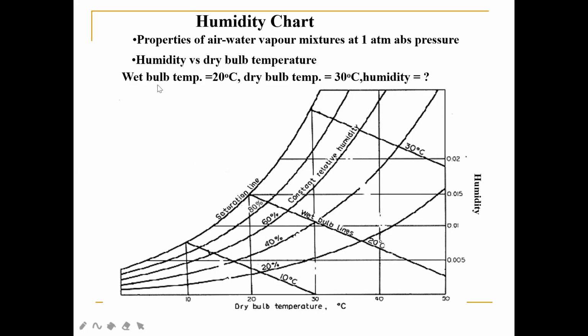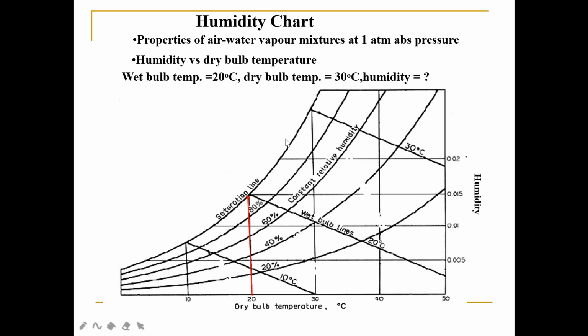So in this case, when you're given the dry bulb temperature and the wet bulb temperature, you want to determine the humidity. What you have to do first is draw a vertical line at the wet bulb temperature. First, take the wet bulb temperature, 20 degrees Celsius, and go vertically until you reach the saturation line. This saturation line means 100% humidity.